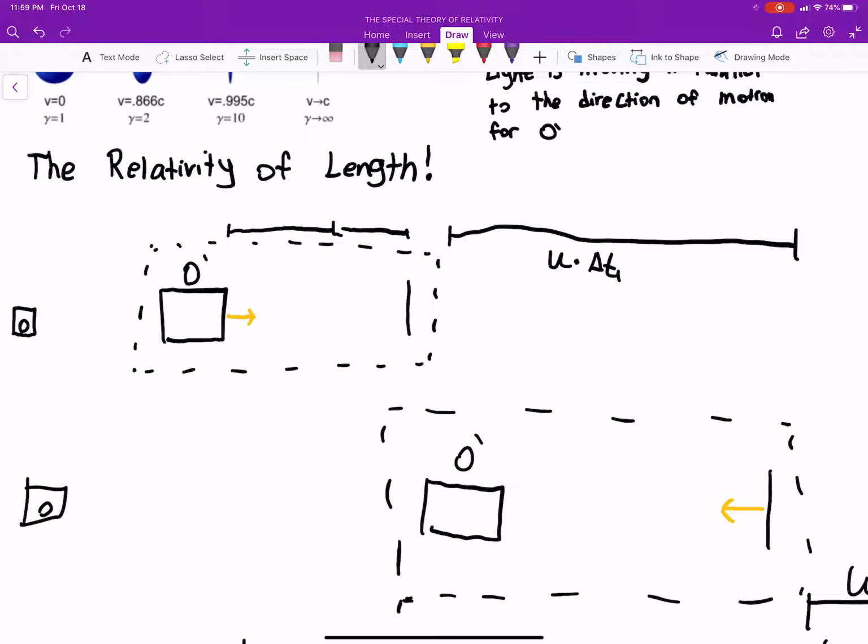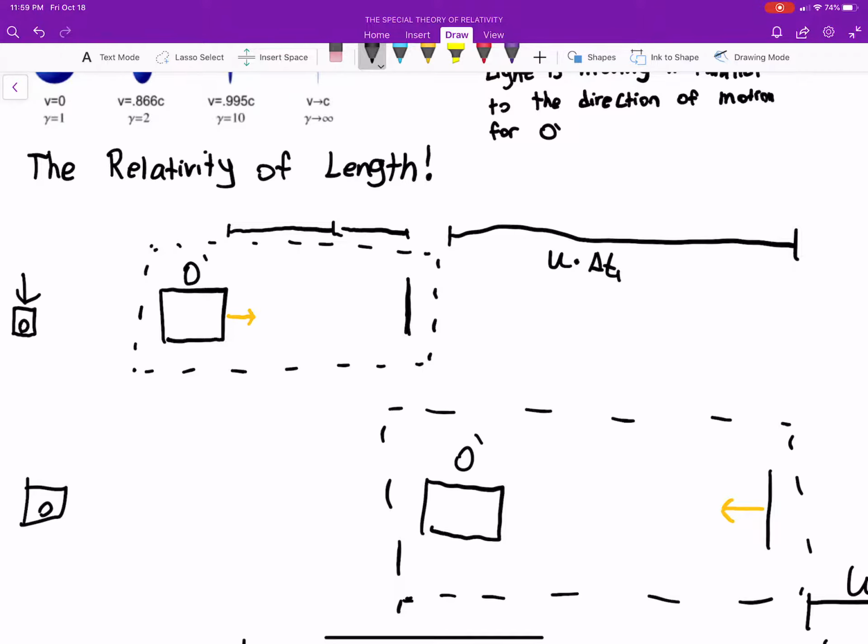Here at the first one, we have our mirror, which is a distance L from our little light emitter, and this whole thing is moving at a speed u. In this first part, this is a stationary observer, and this is kind of what he's seeing.